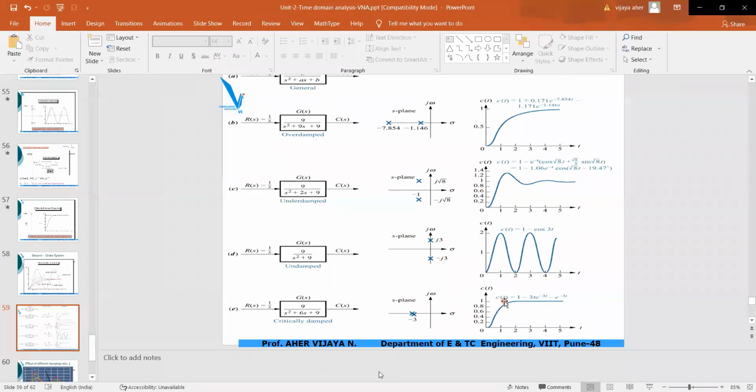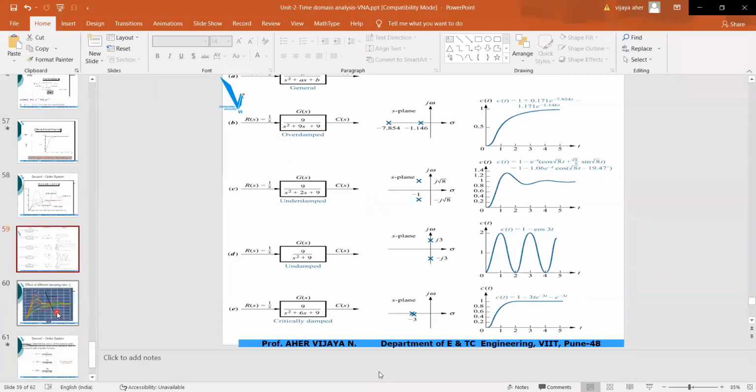Hence you have C of t equal to 1, because the applied input is a unit step input. Got my point? Understood? Yes, ma'am. Okay, yes, Vidya. Thank you very much for your feedback. Very good answer you have given. Now look, I will show you the responses. All should be here. Are you with me, students, up to this?